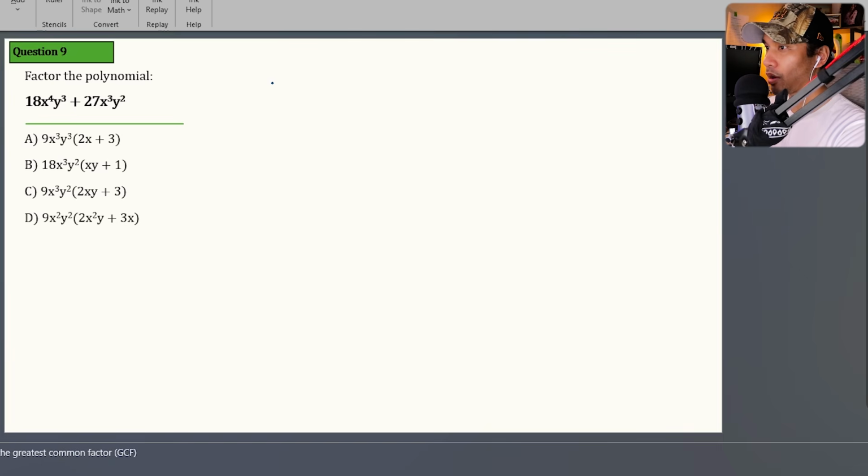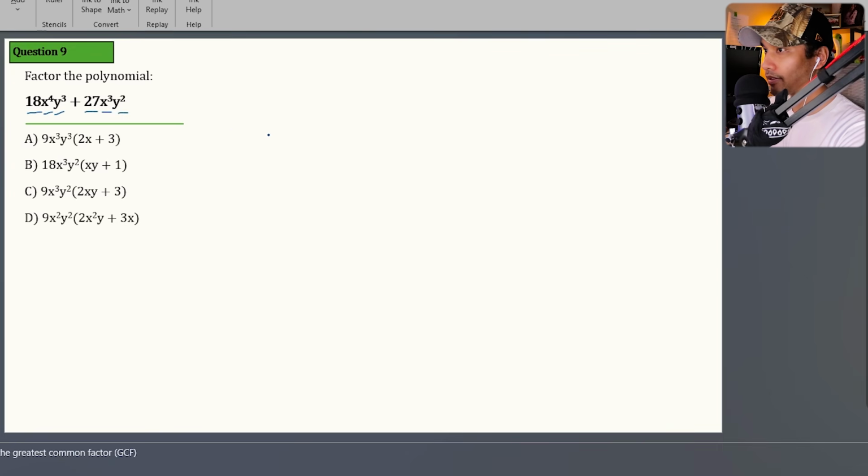So for this, we have to find the GCF, the greatest common factor, for each term. And each term is this. This 18 is a term, x is a term, and y is a term. And then we have to do that for this too, 27, x, and y.